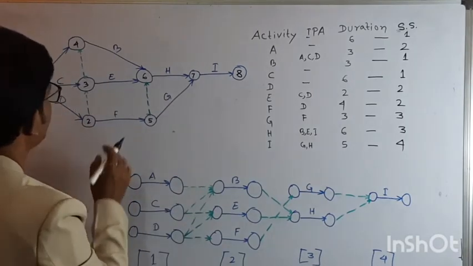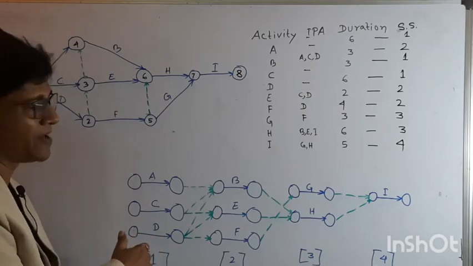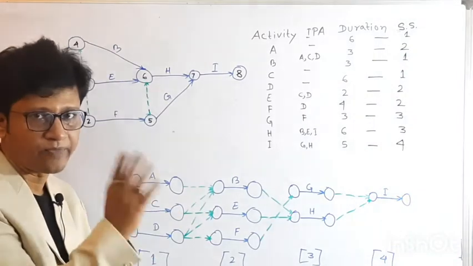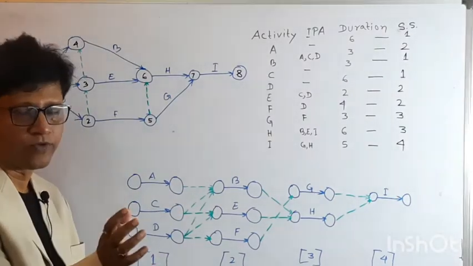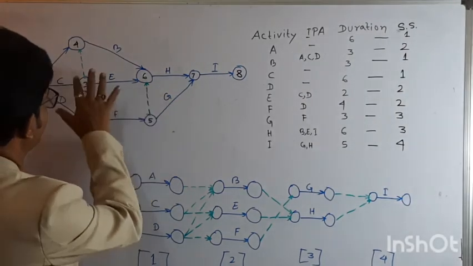While numbering this, due care should be taken about I and J, that is, the tail event should be lesser than the head event. I have explained all these things in my previous video, so if you have any confusion, please refer to it. So this is the final network.